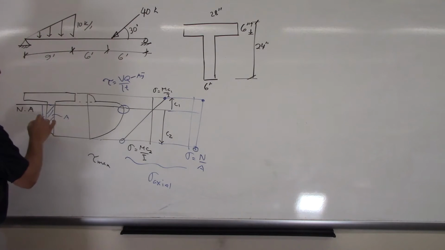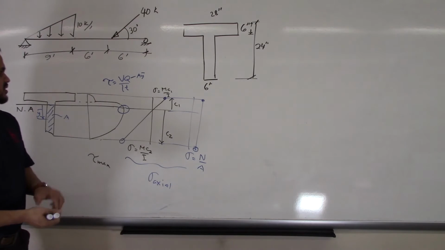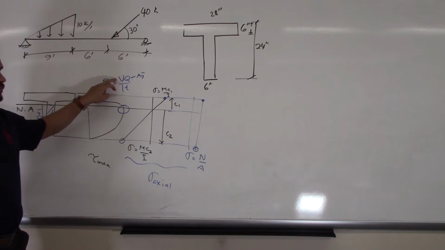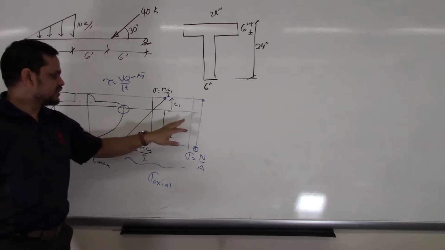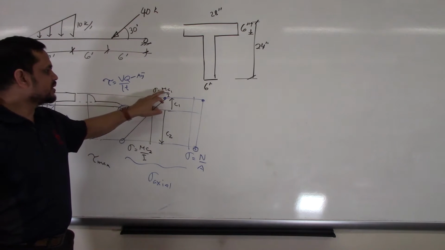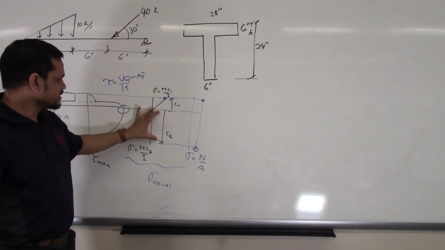So long story short, we need to find our Vmax, and we need the moment of inertia, and C1 and C2.